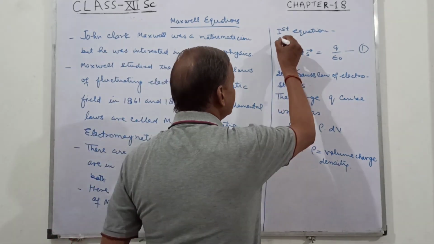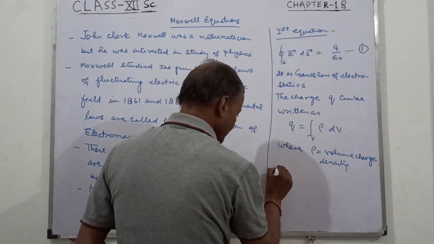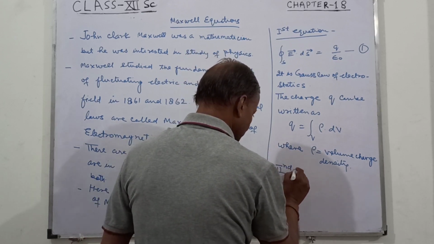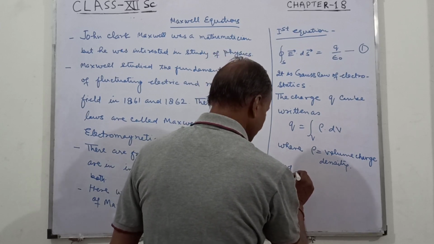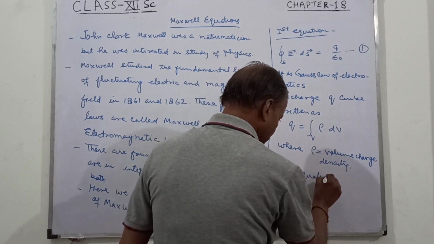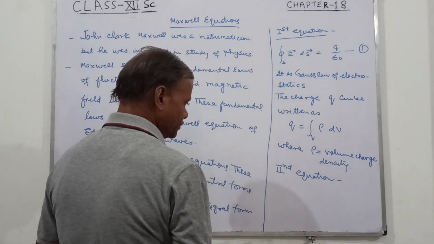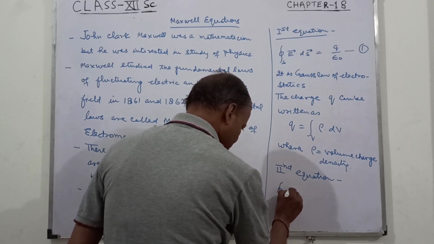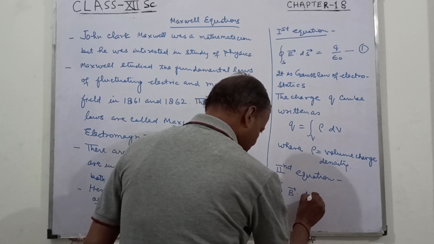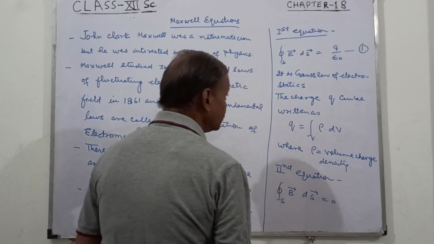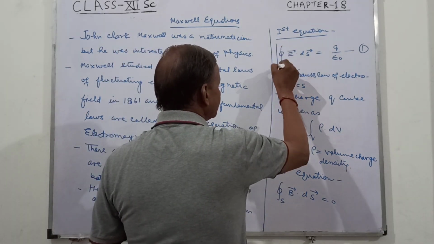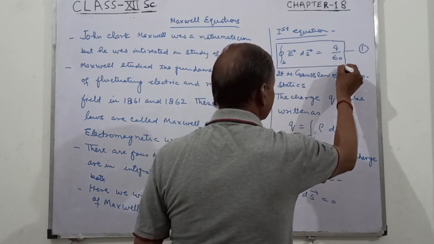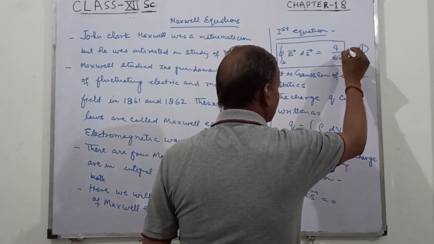The second equation: surface integration B dot ds equal to 0. This I take in parenthesis so that it could be clear to you.